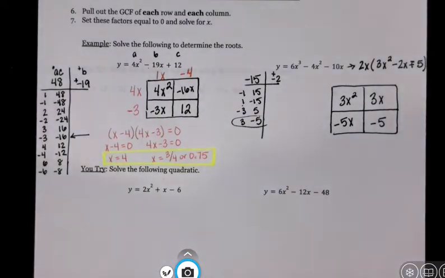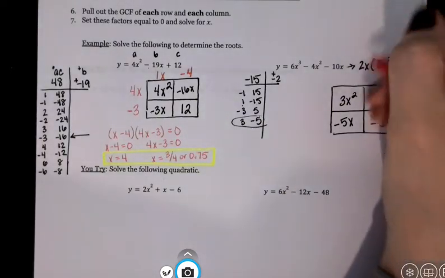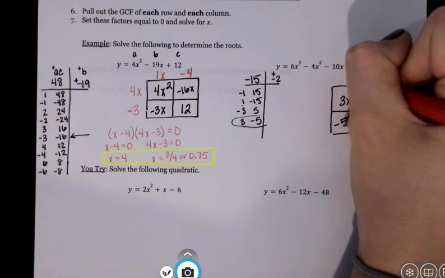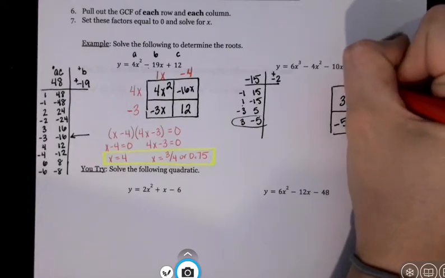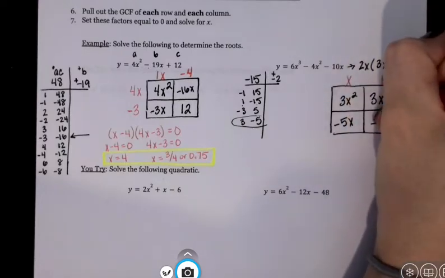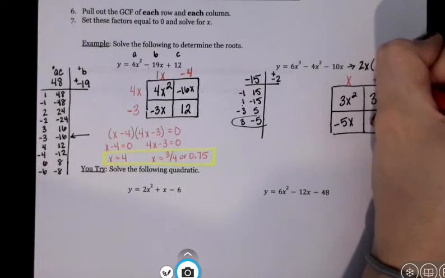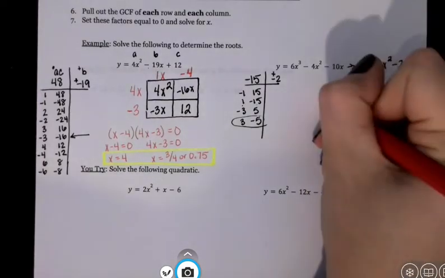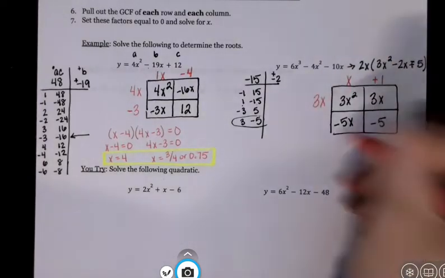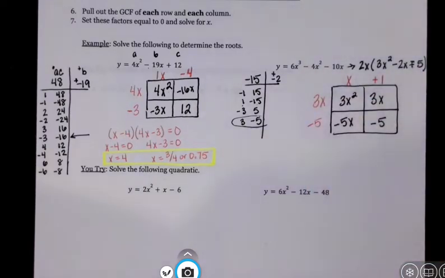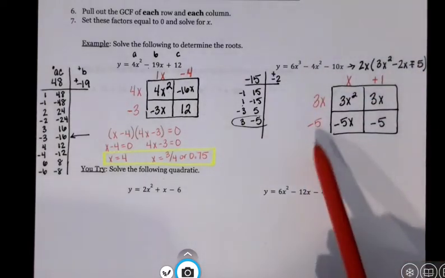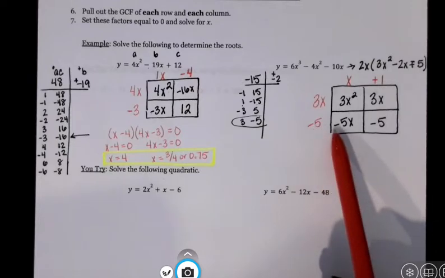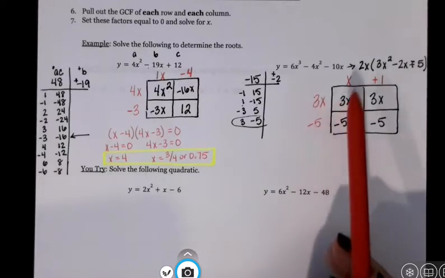And then I want to pull out the GCF from every column and every row. So this is a positive x, and this one is going to be a positive 1. I'm just going to put a plus sign in front. This is positive 3x, and this is negative 5. And the reason this one's negative is because its neighbor is negative, right? Positive because the neighbor is positive.